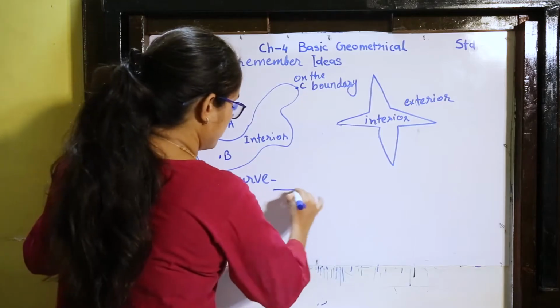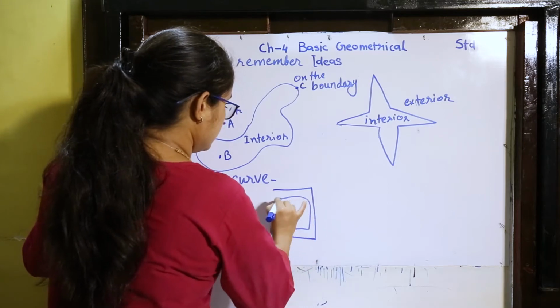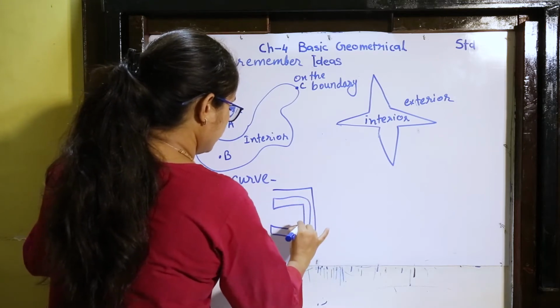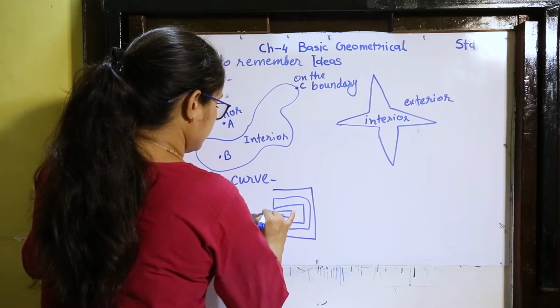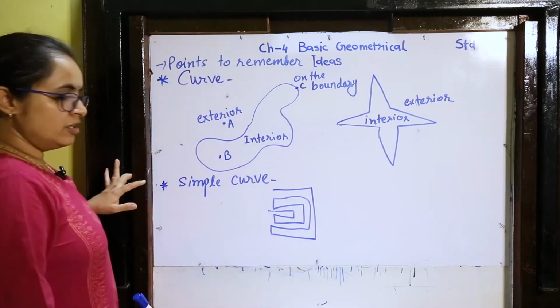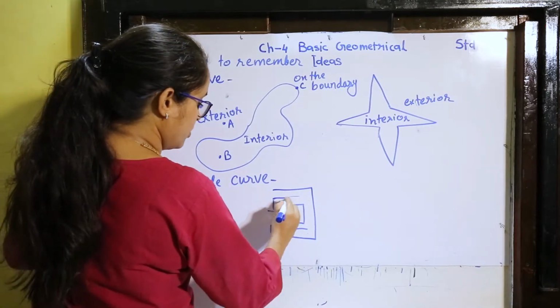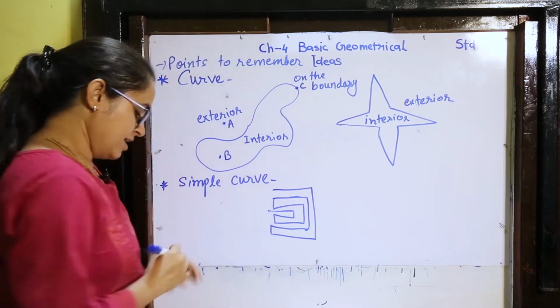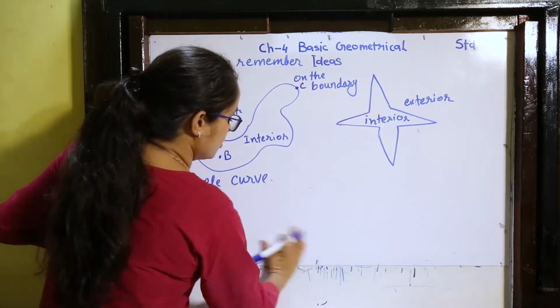For example, I am drawing it. You can see I am not crossing. I am not crossing it again. So that's called simple curve. Okay. So write down this, you can draw it or you can draw like this. See, I will draw for you.